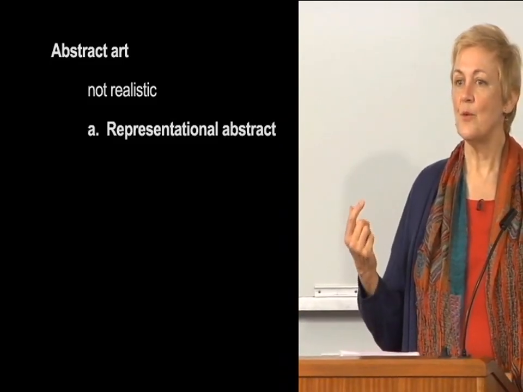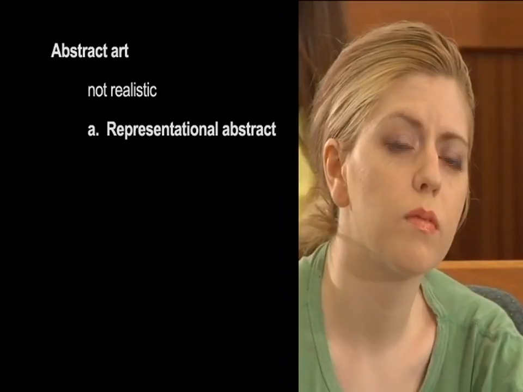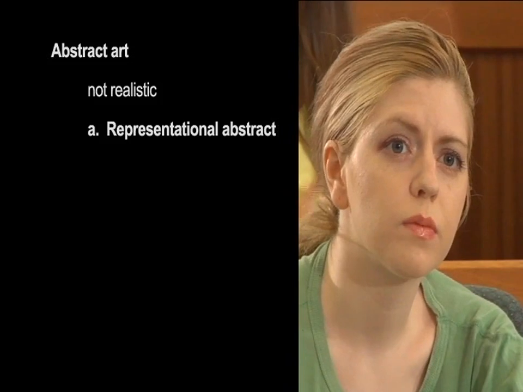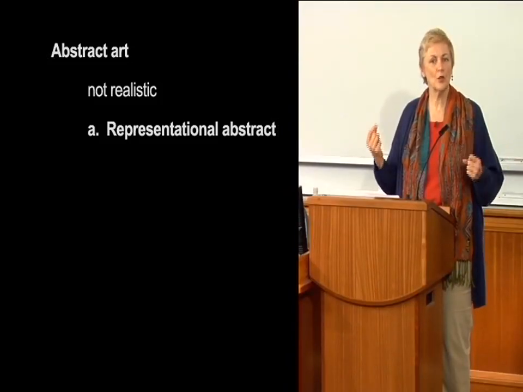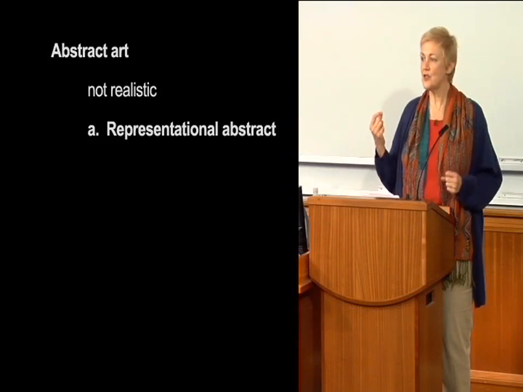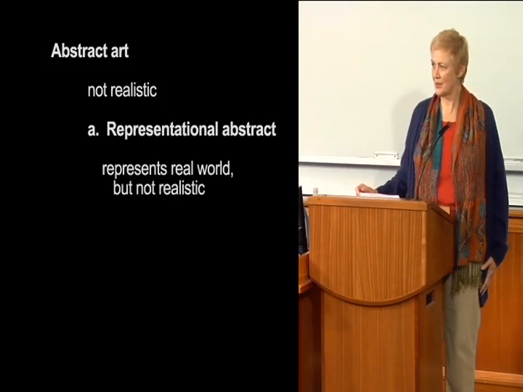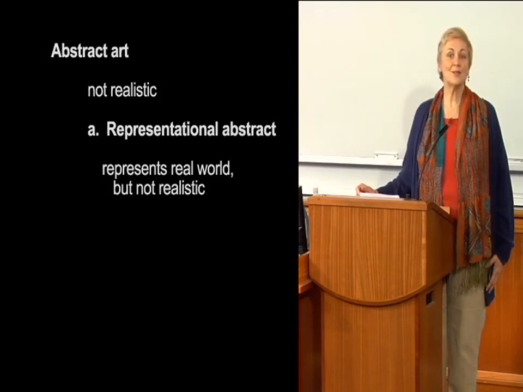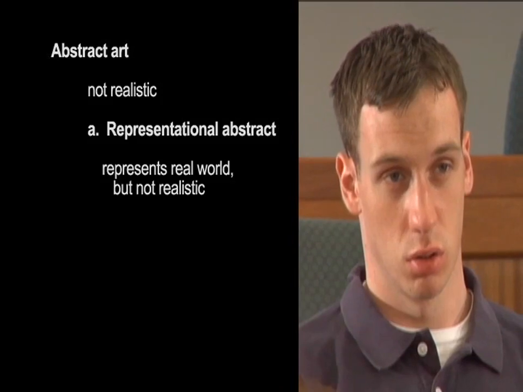This art represents a person or thing you see in the real world, okay? But we say it is abstract because it doesn't look realistic. It changes the way a person or thing looks. So this is called representational abstract art.